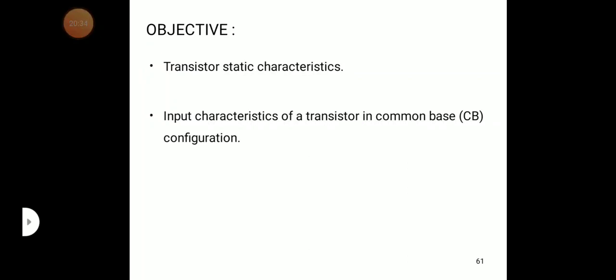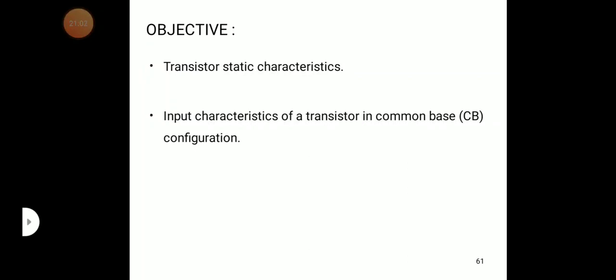Now we try to discuss the transistor static characteristics. What are the different characteristics we have in the common base, common collector and common emitter? What do characteristics mean? Characteristics give the behavior of the device, how it behaves when applying DC voltage.